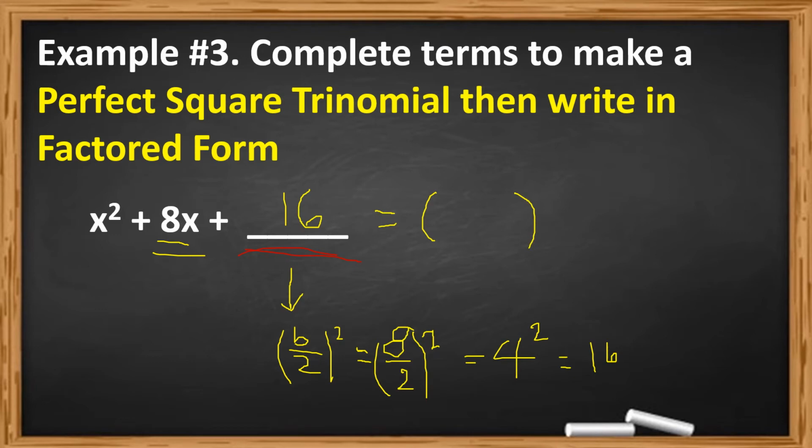So from our previous examples, to transform our perfect square trinomial into a square of binomial, just take the square root of the first term. So x squared, its square root is x, and the square root of our last term, 16, its square root is 4, and the operation on the second term is plus. So x plus 4 squared. So this is now the factored form.